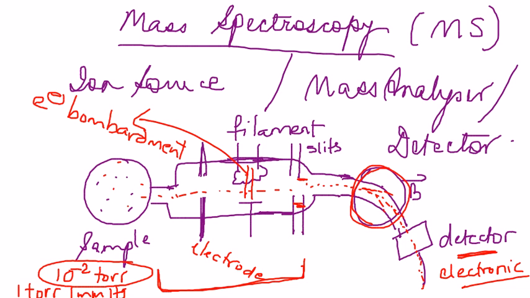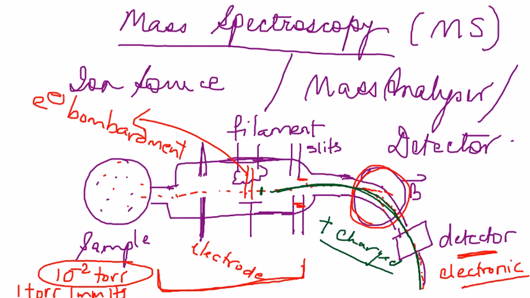And after this electron impact occurs, the gas or the volatile liquid samples are allowed to go through the magnetic field. So past this point, what you see here in green is actually a positively charged species.